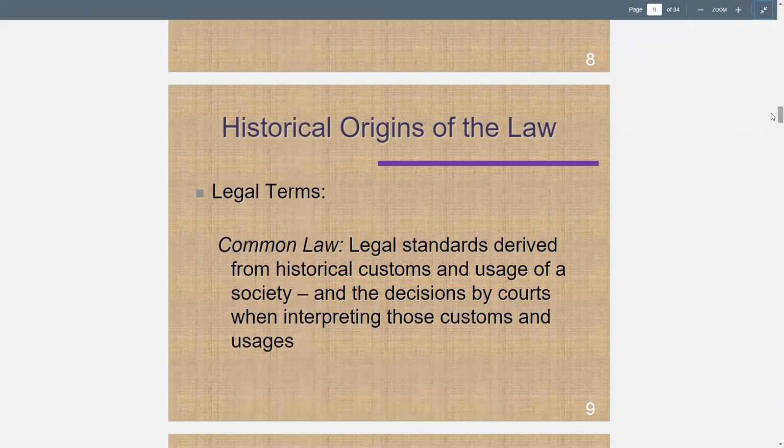Now, in Great Britain, we didn't have this systematic, detailed code. In fact, there still isn't such a code in Great Britain, and there isn't such a code in the United States. We like to think in the United States sometimes that we've got lots and lots of laws, but really we don't. We really rely upon the common law to fill in most of those blanks.